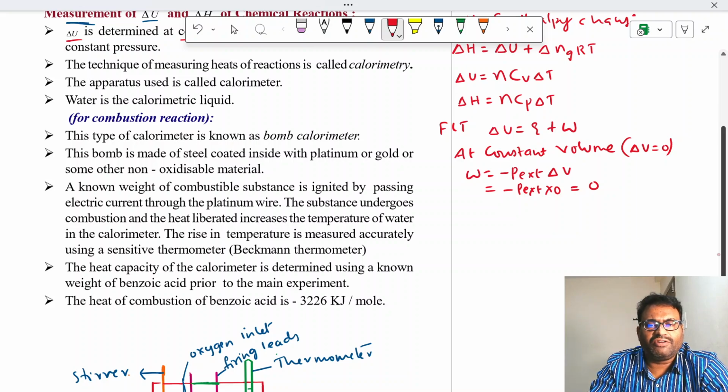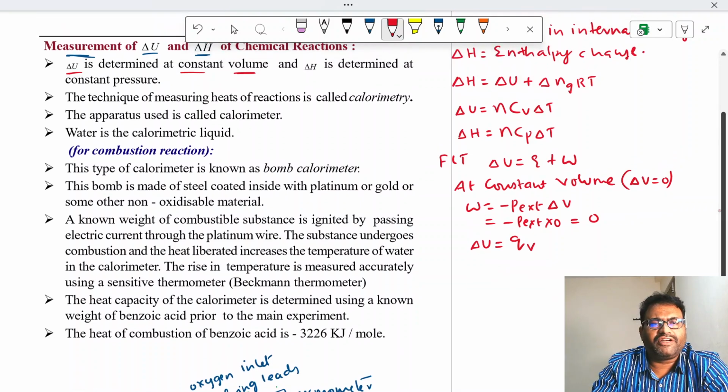When work done is equal to 0, delta U is equal to Q. As volume is constant, I can mention it as Qv. So delta U can be taken as the heat involved at constant volume.